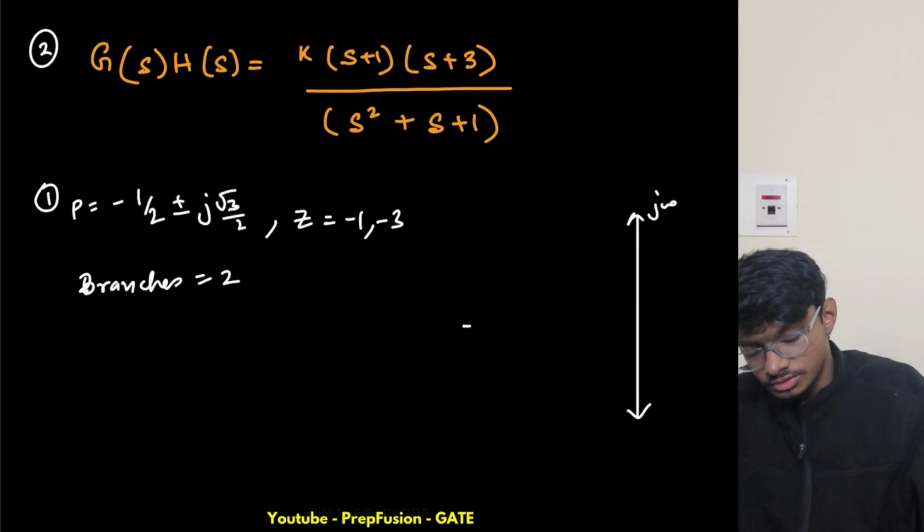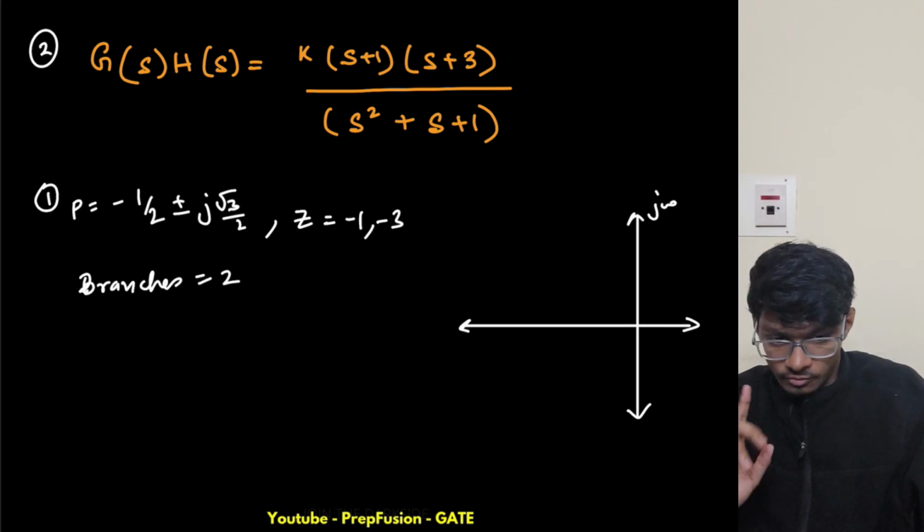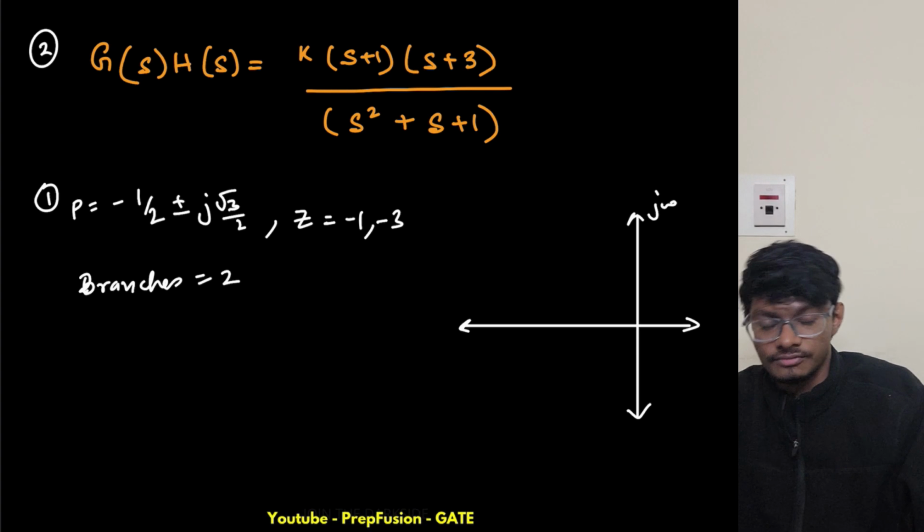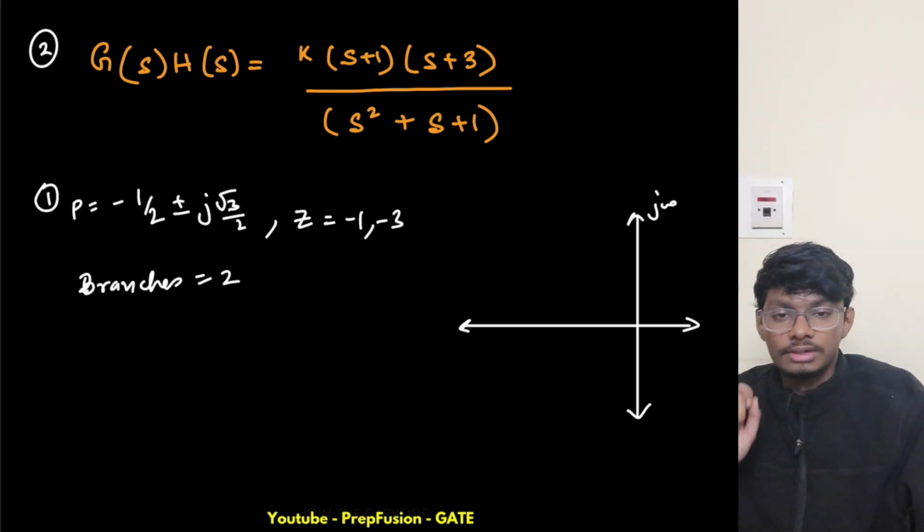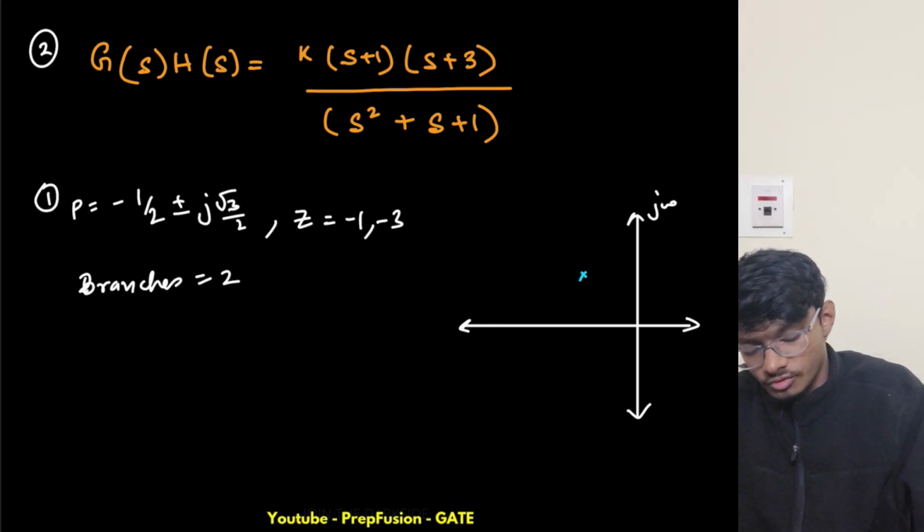I don't have any asymptotes, so that is gone. Breakaway point and break-in point are homework for you, and the angle of departure or arrival as well. Obviously there is departure, no arrival, because roots are on this plane. So this is this one.